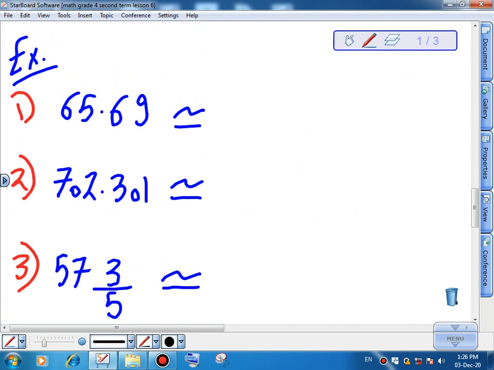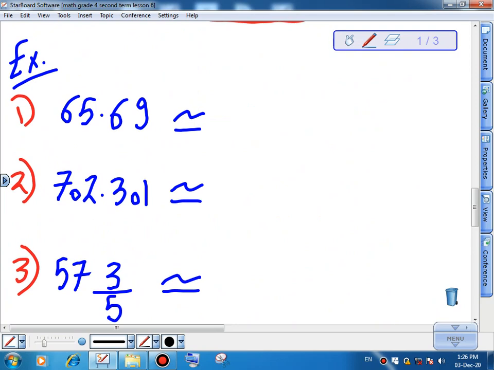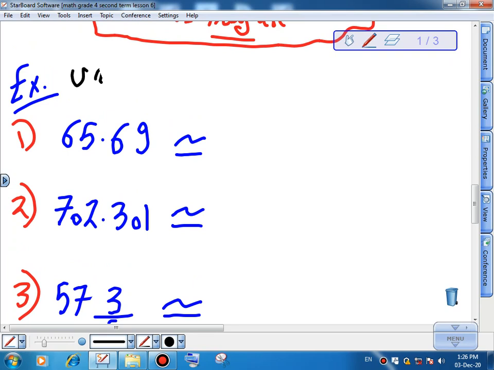So if I have another example, 64 and 69 hundredths, approximate to the nearest unit. I don't need the decimal part. So I approximate to the nearest unit: look to the digit after the unit, which is the tenth. Is the tenth here a weak or strong number, less than 5 or more?